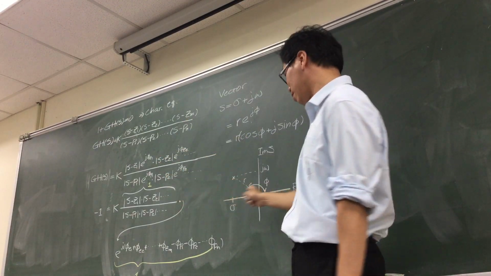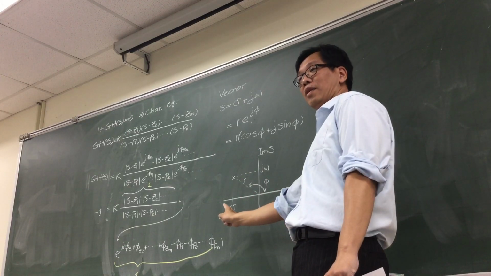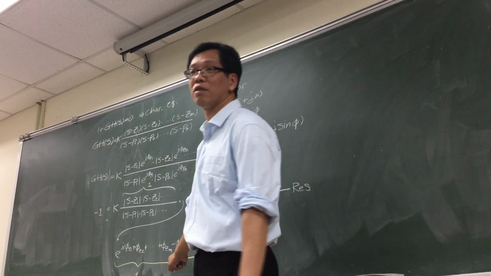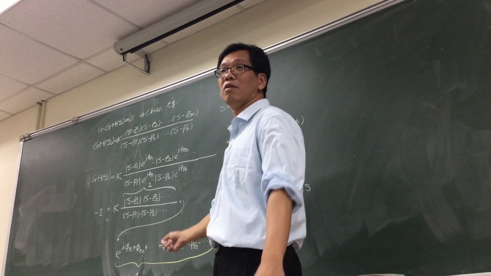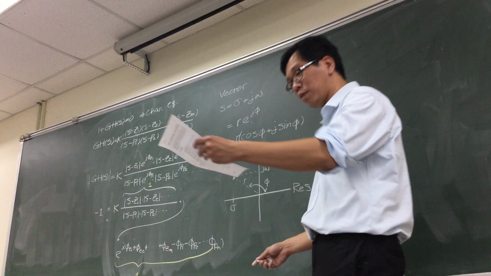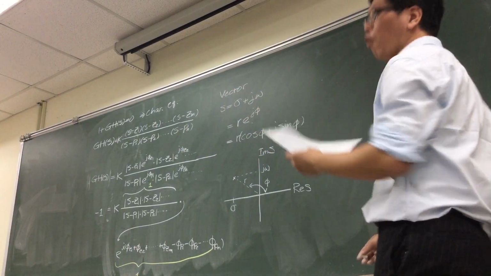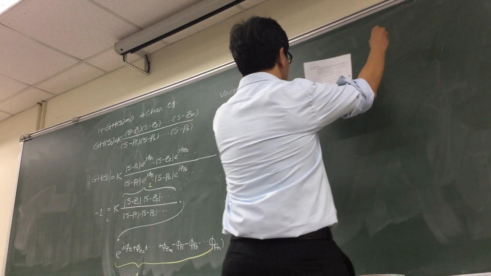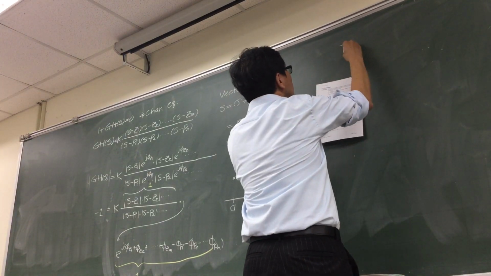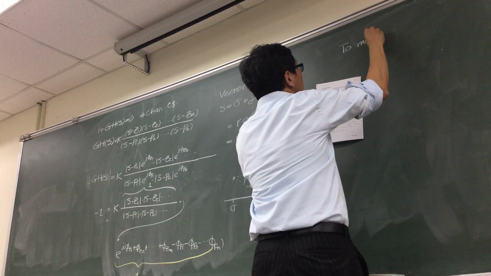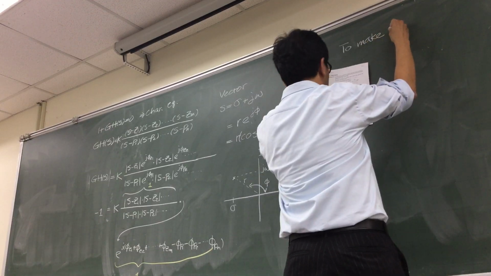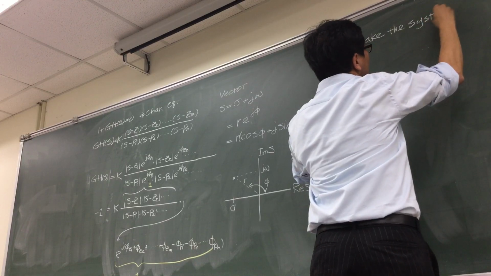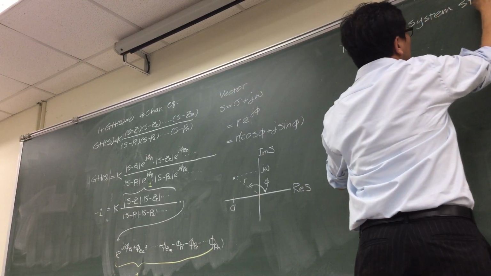It doesn't really matter because it's the same. Make sense? Normally we just use negative 180 degrees, or pi. Okay, so 2 negative. The system stable.